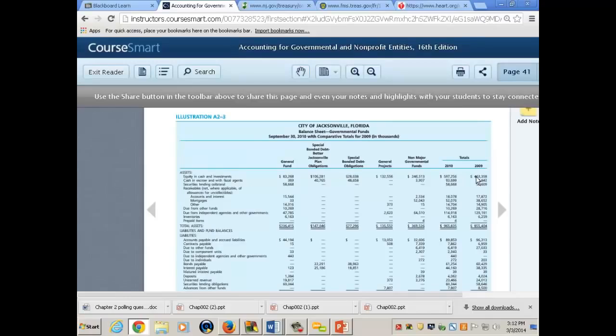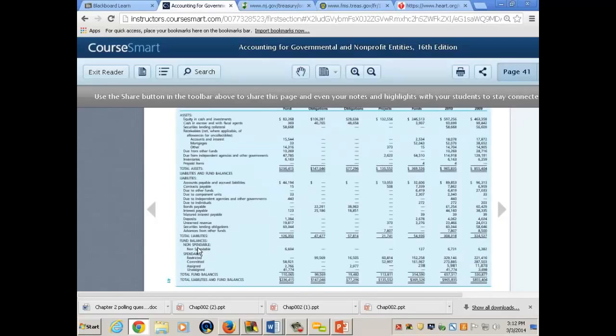Not balance sheet, government-wide. Just governmental fund only, right? And then what do we have? We have assets, we have liabilities, and then something called fund balance. Instead of net position, we have what? Fund balance. Assets minus liabilities equal fund balance. Not owner's equity, but fund balance, okay?